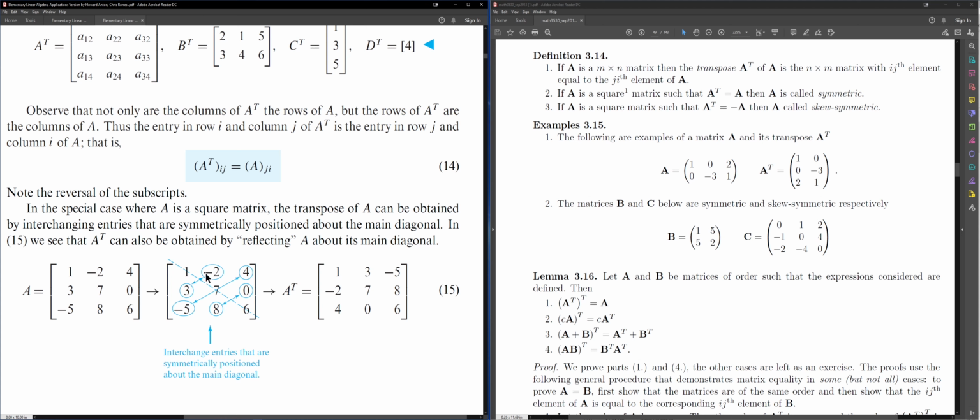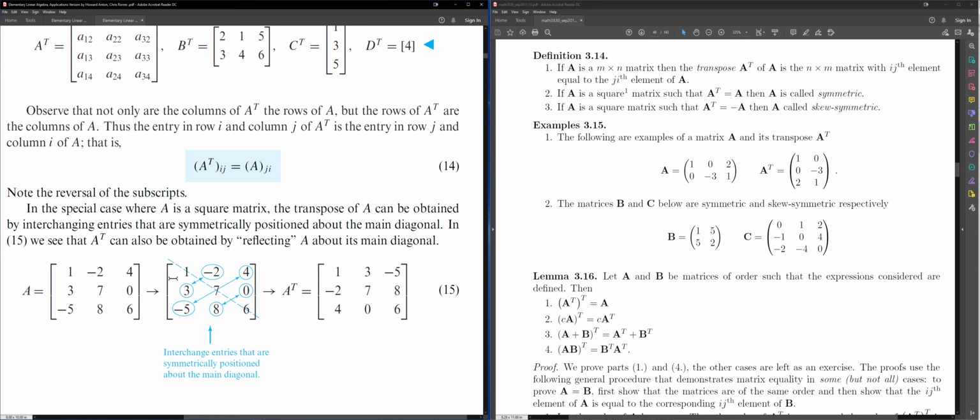So when you form the transpose, the minus 2 and the 3 exchange positions, and this is a reflection in the diagonal 1, 7, 6. Likewise, this 4 over here goes into the position with the minus 5, and the minus 5 goes into the position with the 4, another reflection in the diagonal. That is what these arrows indicate.